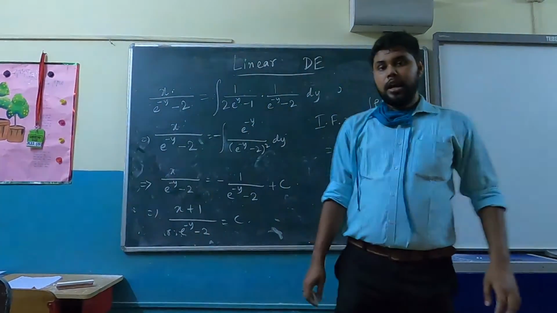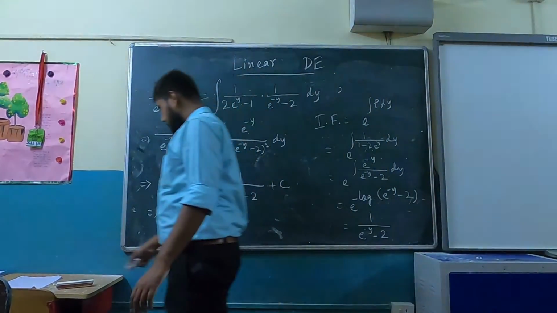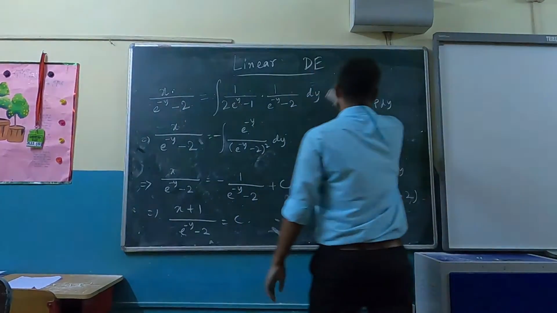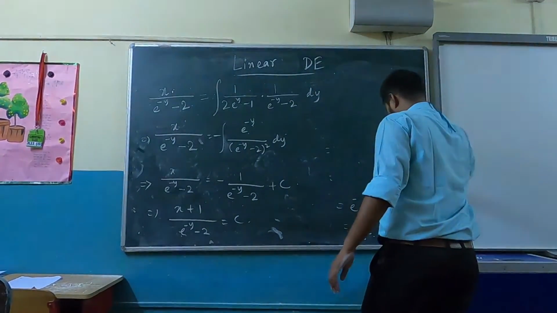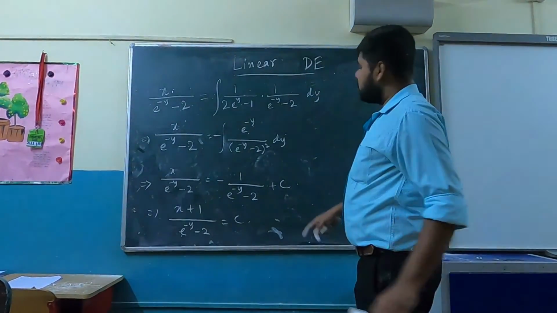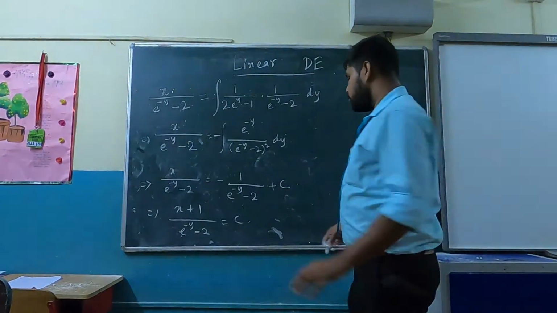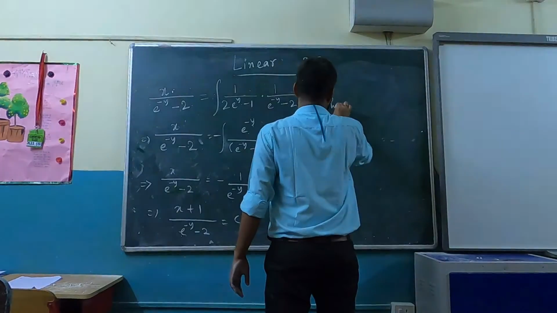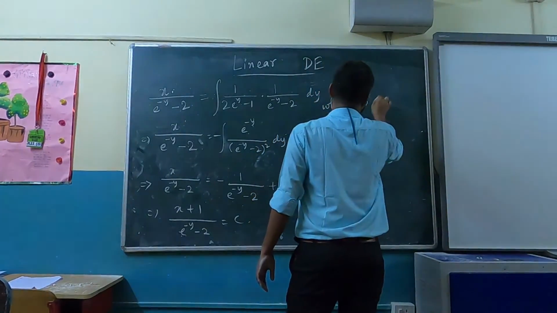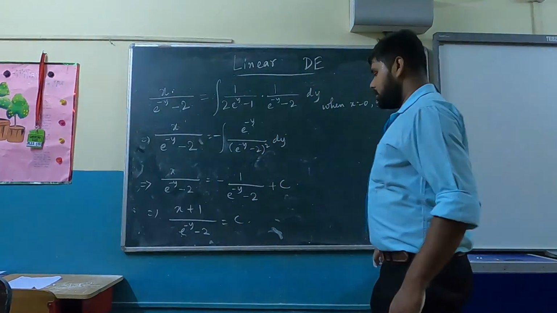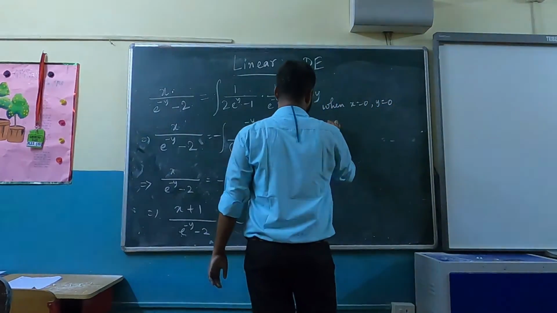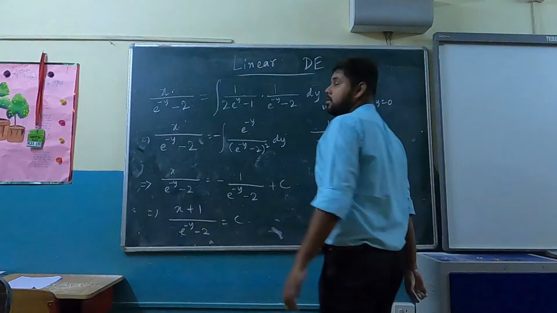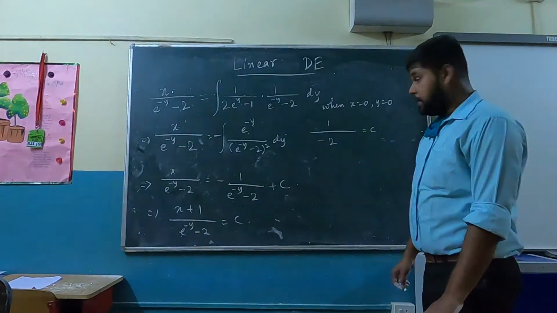Right? Now it is told that when x is 0, y is 0. So let us put the value. So when x is 0, y is 0. So therefore 1 by minus 2 that is equals to c.